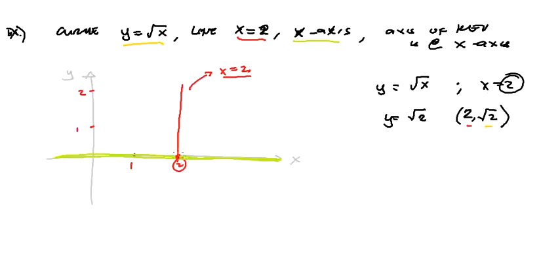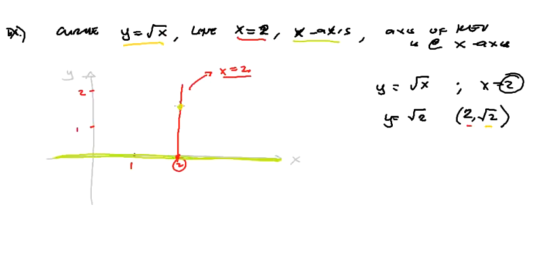The square root of 2, if you are going to take its value, it's around 1.5 something. If I am not mistaken, it's around 1. Let me use my calculator. Thank you.